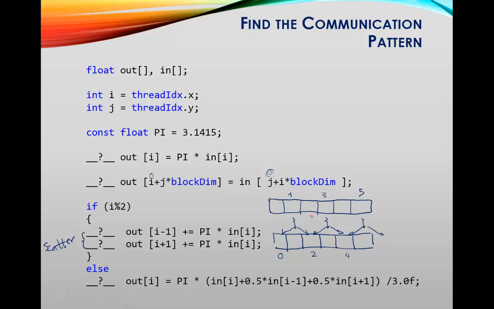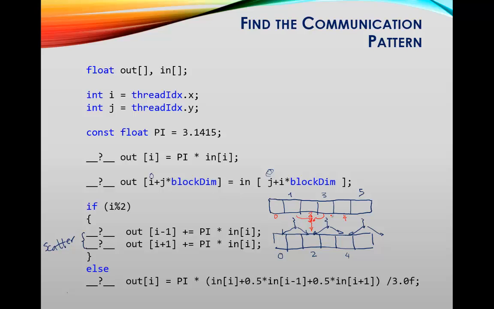So for example, it's only going to run for element number 0, element number 2, and element number 4, and so forth. Thread number 2, for example, is going to add the content of location I to half of location I minus 1 and I plus 1. So it's going to gather values from these other 2 elements, calculate some sort of average for them, then multiply by 3 and store into element number 2.